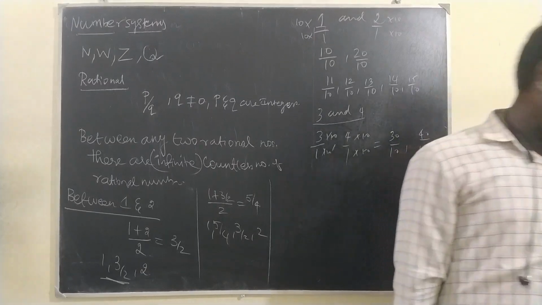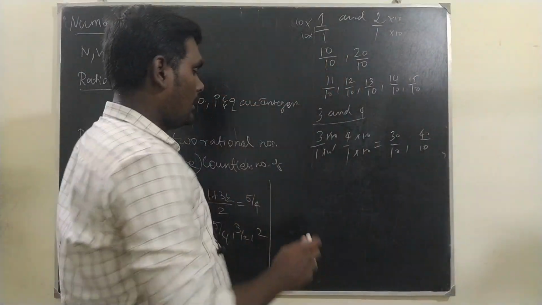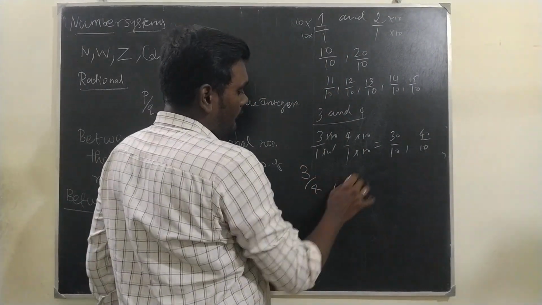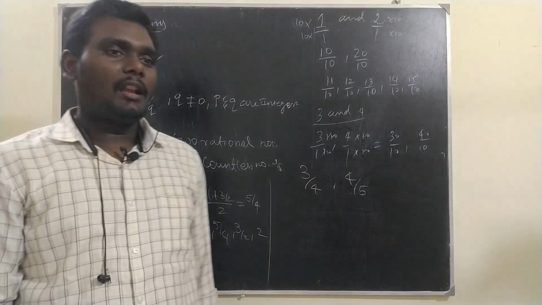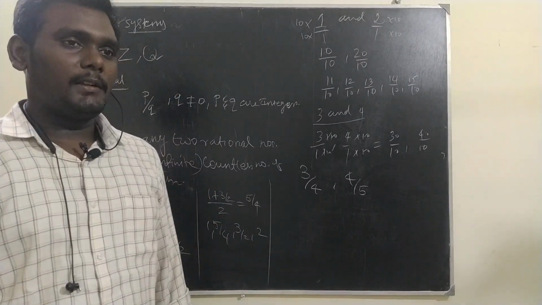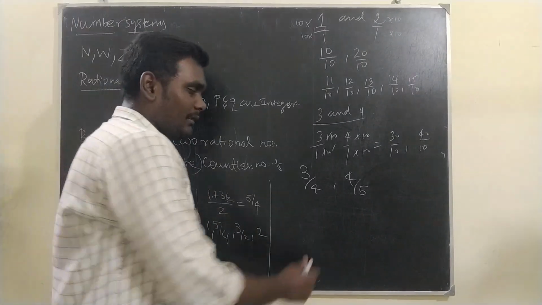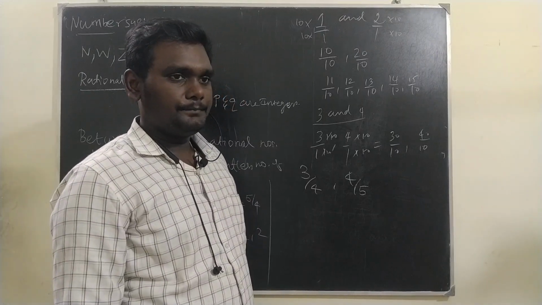Likewise, suppose we have fractions like 3 by 4 and 4 by 5. Then what do we do? We have to take the LCM of these two denominators. What is the LCM of these two denominators? It is 20.